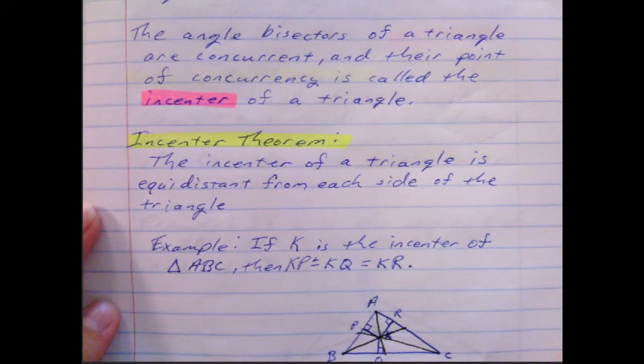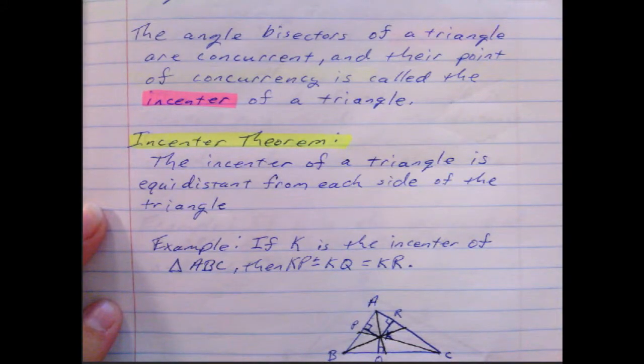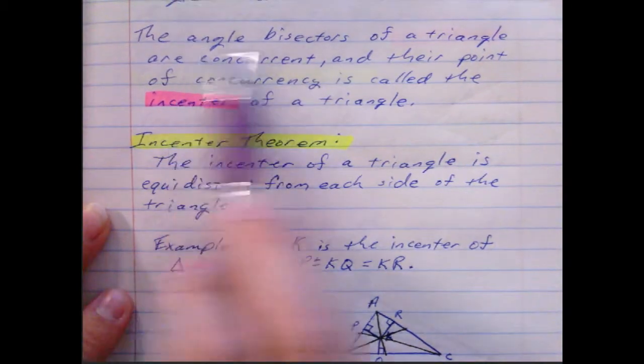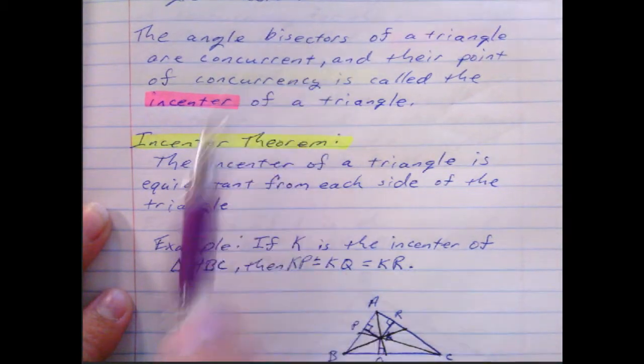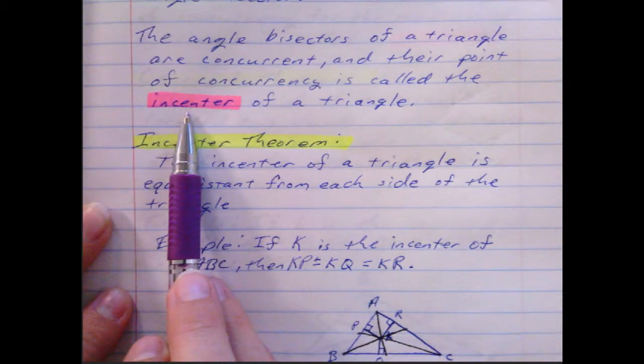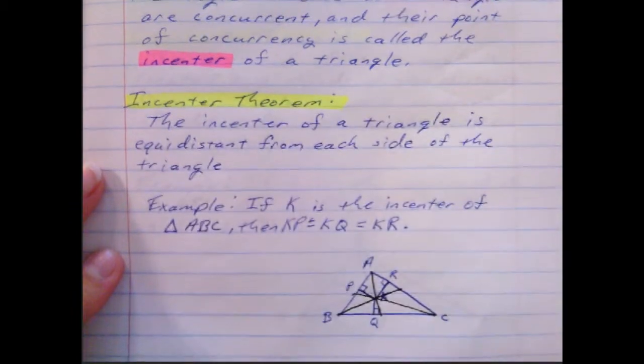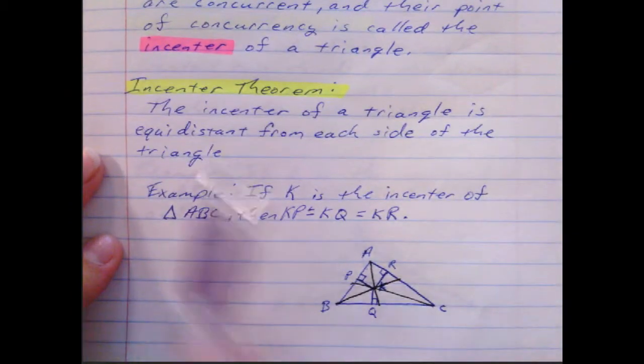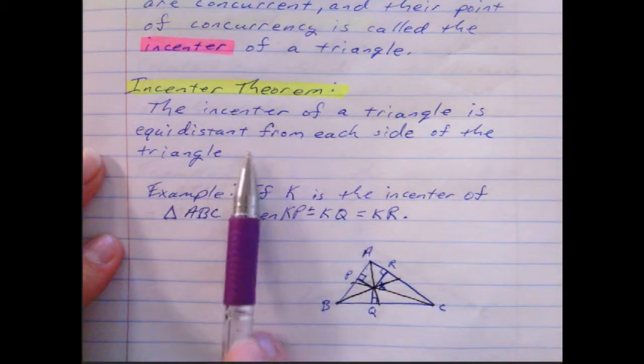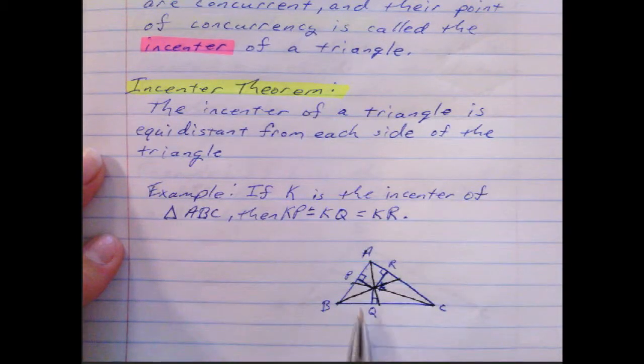The angle bisectors of a triangle are concurrent, and their point of concurrency is called the incenter. So now if we have angle bisectors, where those meet we call it the incenter of a triangle. So our incenter theorem: the incenter of a triangle is equidistant from each side of the triangle.